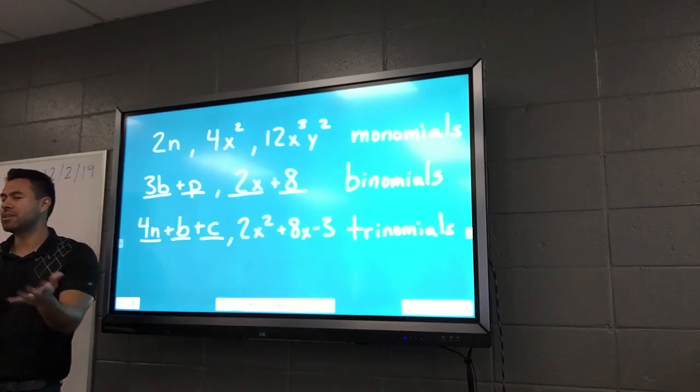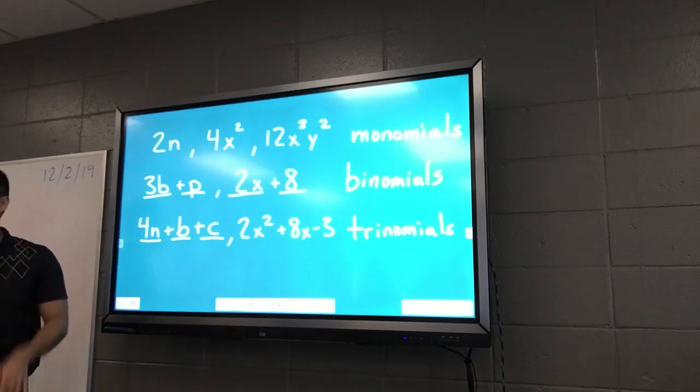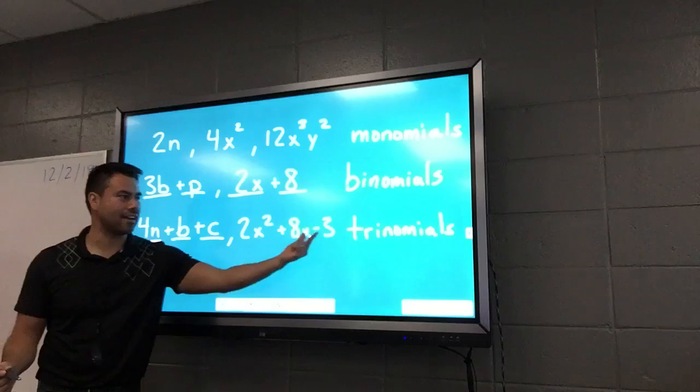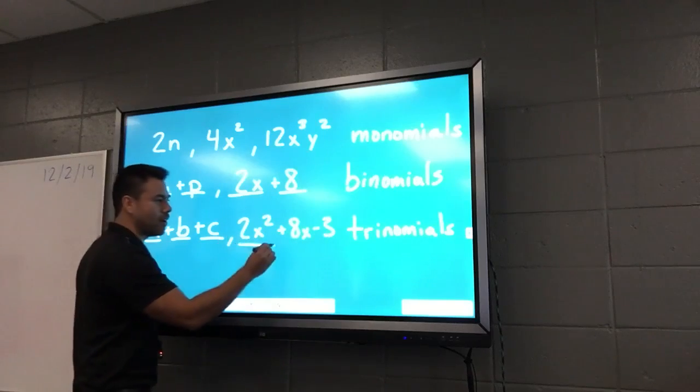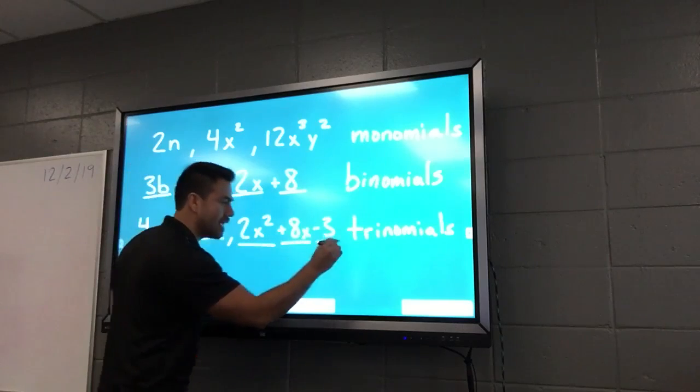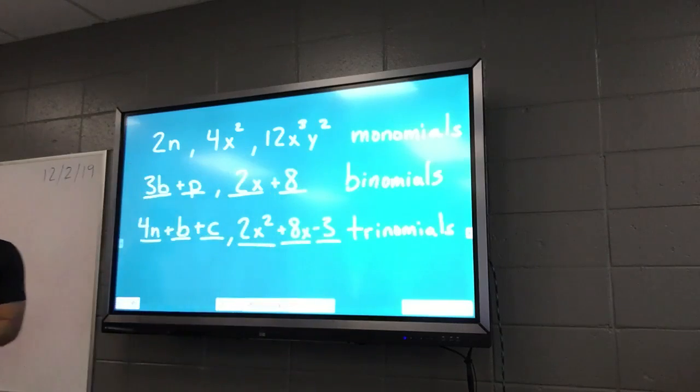Or, what can you say about subtracting? Difference, yeah. Subtracting is difference. Guys, these are being added together, all of them. You have a 2x squared plus an 8x plus a negative 3. How many terms do I have? 3. How many monomials do I have? 3. Trinomial. Tri means 3.